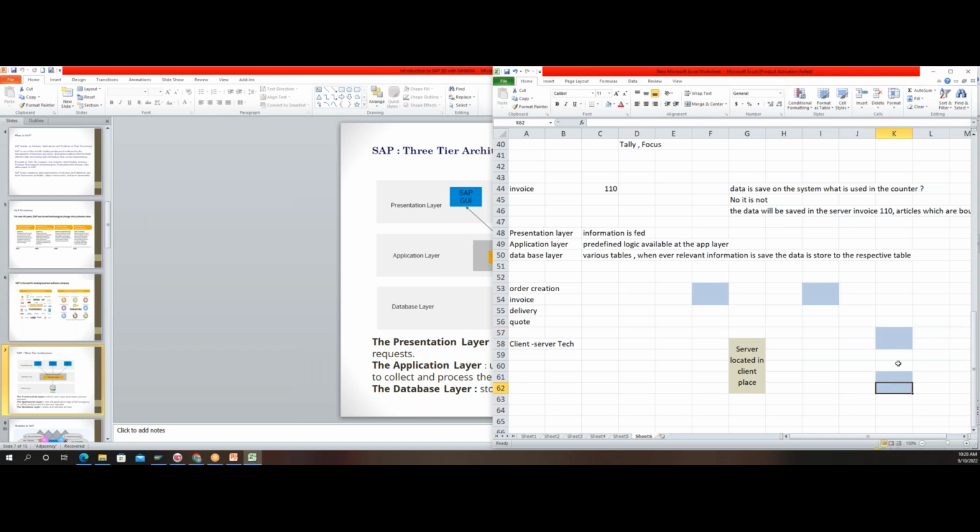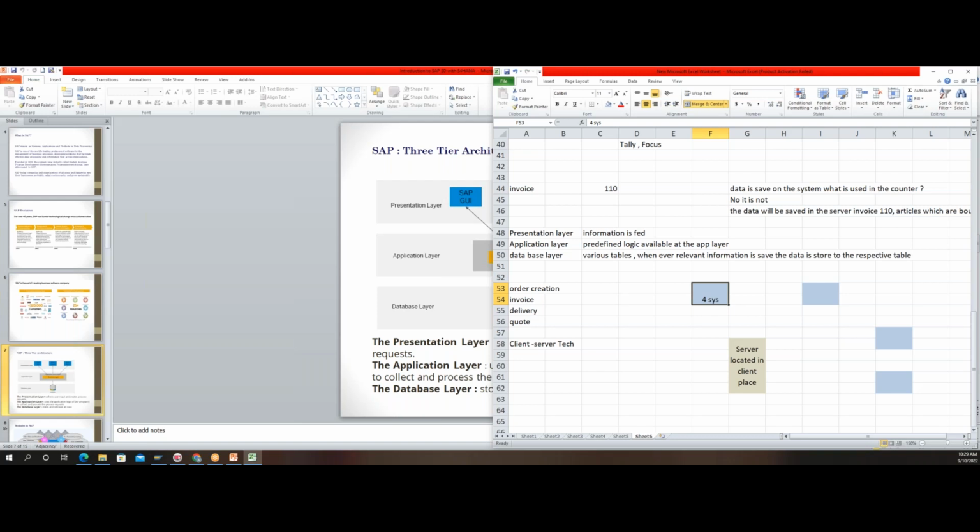So there are so many locations we have, and in each location they may have four systems, four counters, one system per counter. Let's take it as four systems in each location. Now, in each counter, in each system, what will happen?